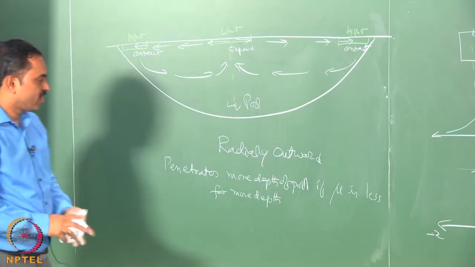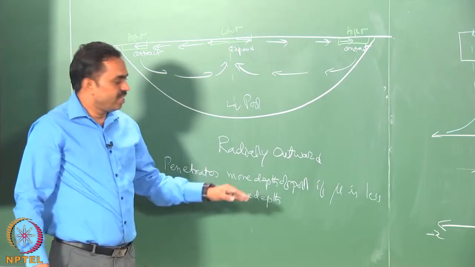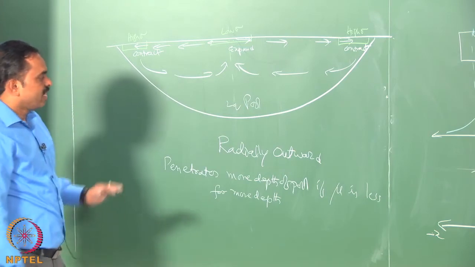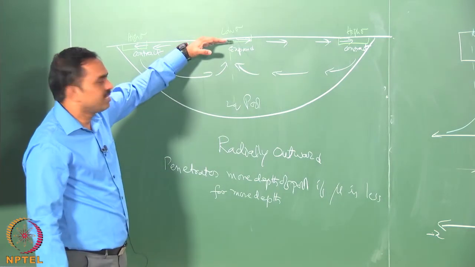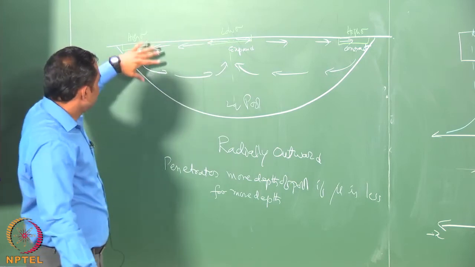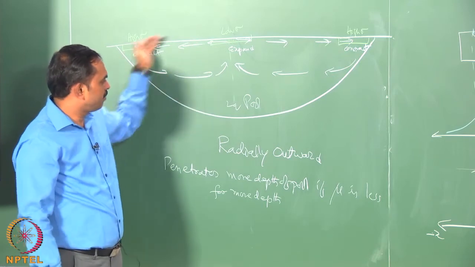And you know already the viscosity is actually a function of temperature, which means that if the temperature variation of viscosity is not strong, if it is a weak function of temperature, then what happens is that at high temperatures the viscosity is less, and which means that the entire convection will be in the depth of the pool.